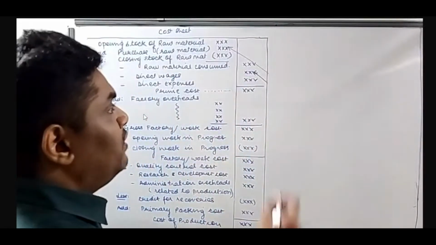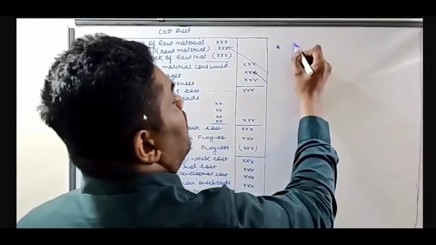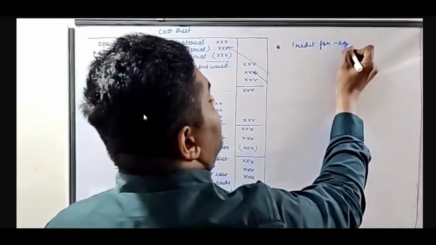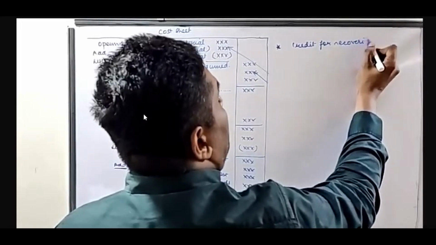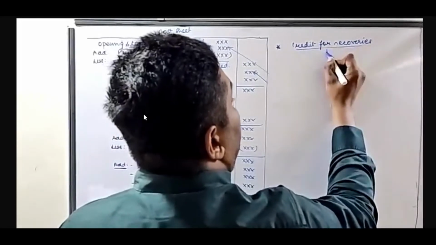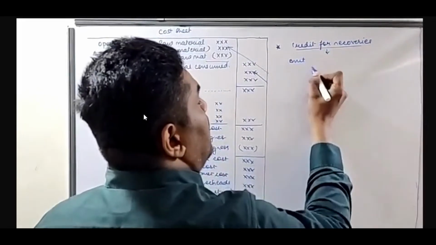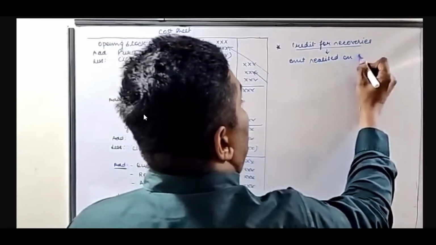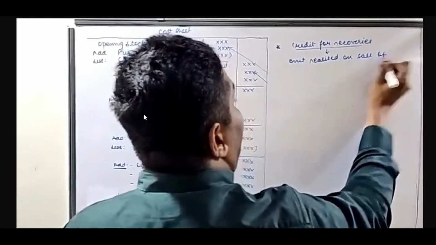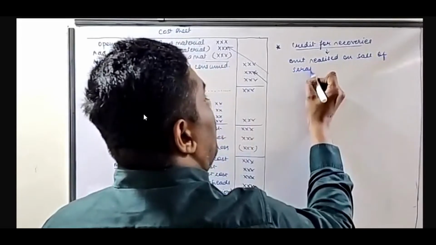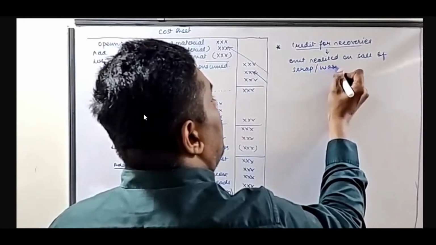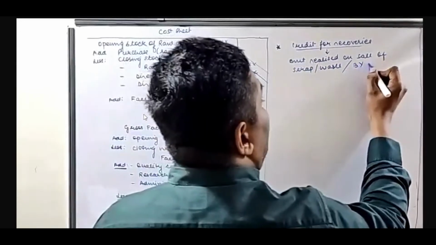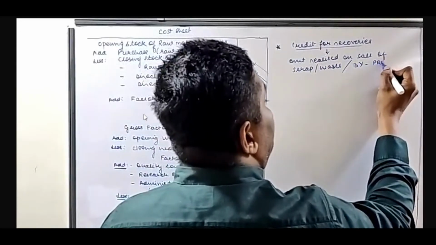So credit for recoveries talks about the amount realized on sale of scrap or waste, or very important, byproduct.